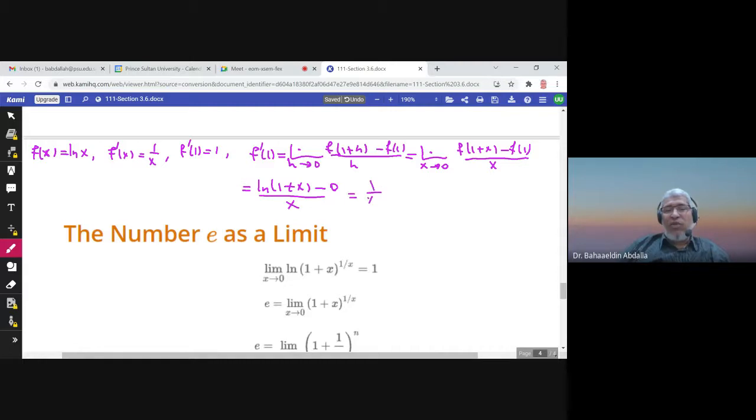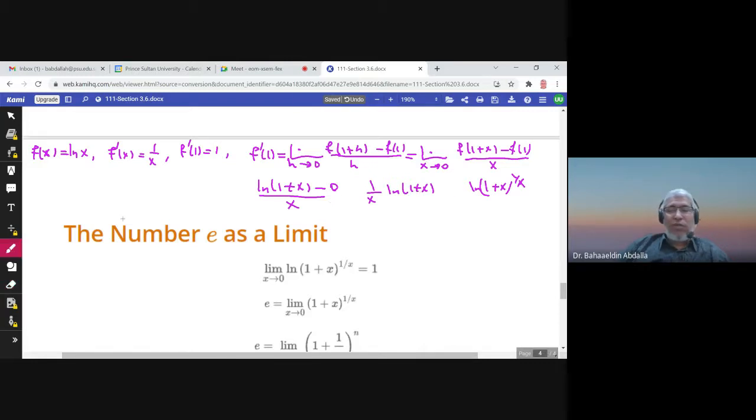So this is 1 over x times ln of 1 plus x, or we can write ln of 1 plus x and take the 1 over x above as a power. Of course, I forgot the limit here. The limit is everywhere.